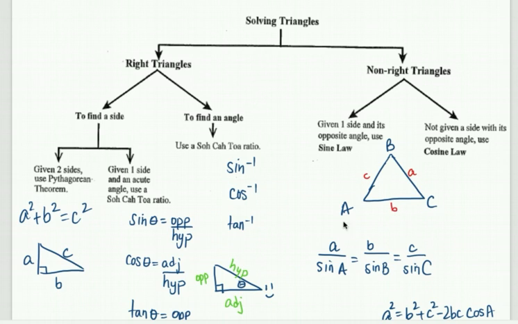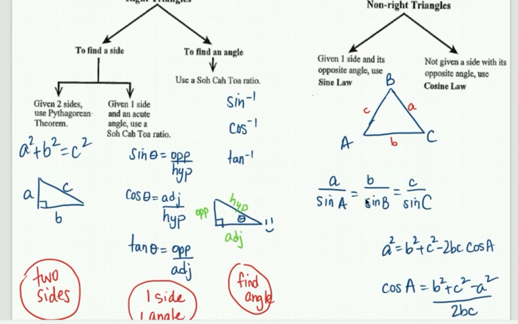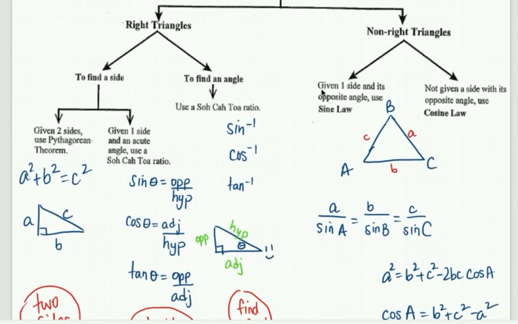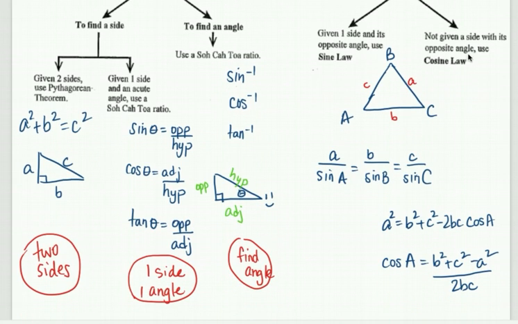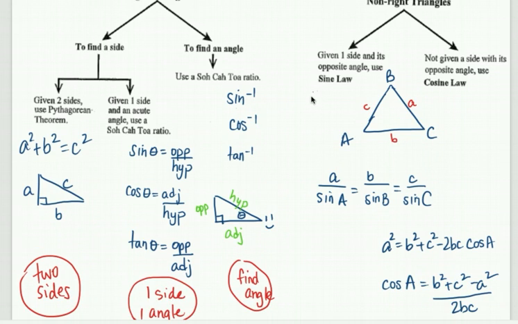From there we use a couple of different formulas: the sine law and the cosine law. Here it's telling you that if you have one side and an opposite angle, use the sine law, and if you don't have that, use the cosine law. We were trying to memorize these: if it's sine law, then you're going to have angle side angle, or angle angle side, or angle side side.